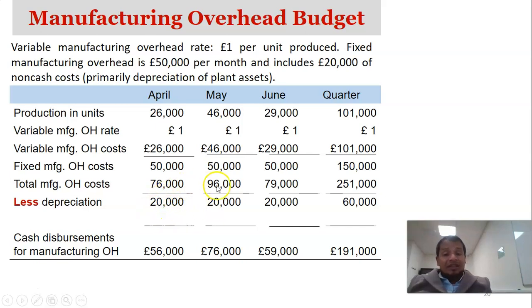We will need this for our income statement, but for the cash budget we need this figure. So 20,000 each month is depreciation, which we don't need to pay in cash. If we deduct this, this is the cash amount we need for manufacturing overhead, the cash disbursement regarding manufacturing overhead.